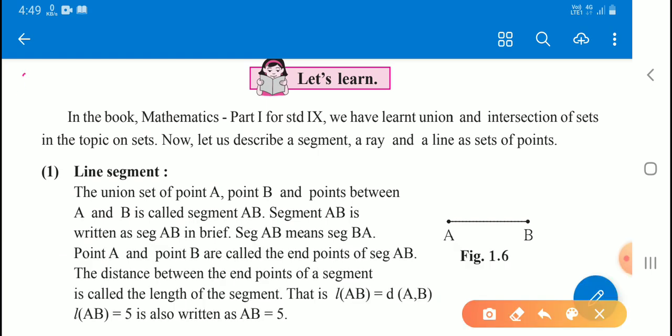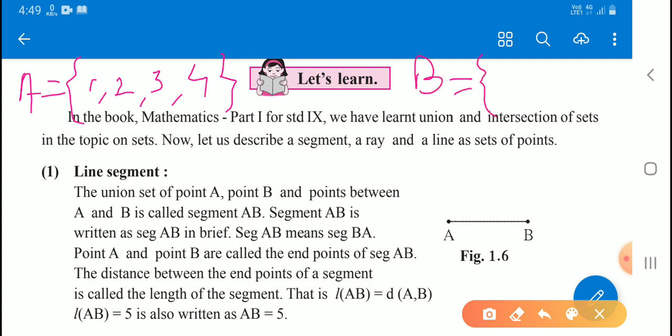We'll take set A equal to {1, 2, 3, 4} and set B equal to {2, 4, 6}.